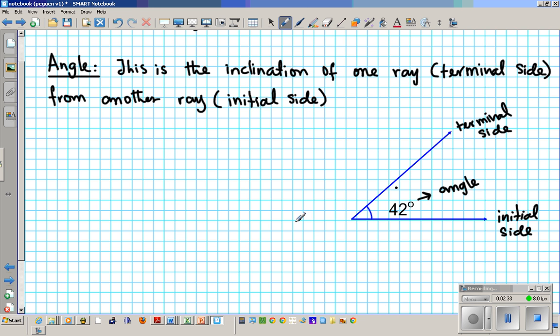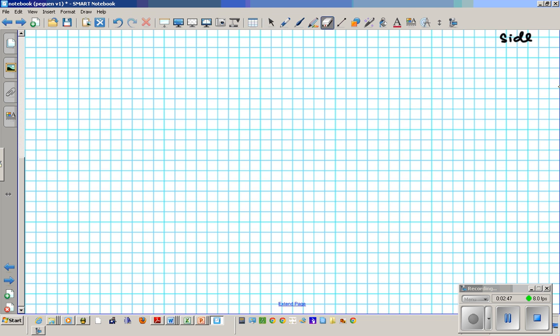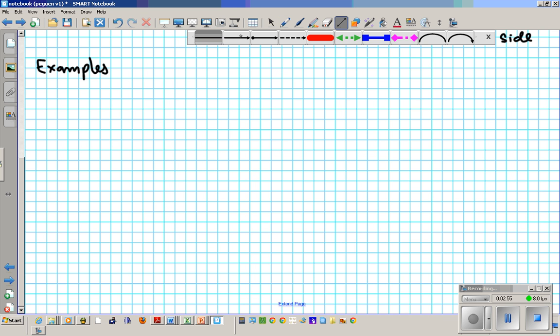Okay, moving along, let's consider some examples that really solidify our understanding of how to graph angles relative to the initial side. So let's write it down. Write down examples. Alright, so this is the instruction that we're going to be using for the examples.